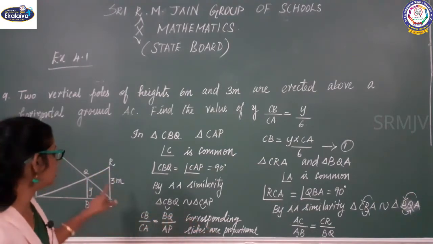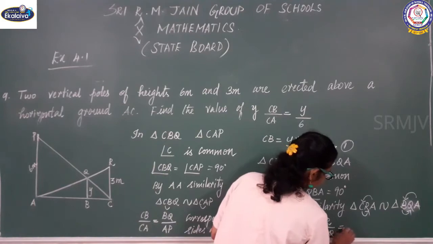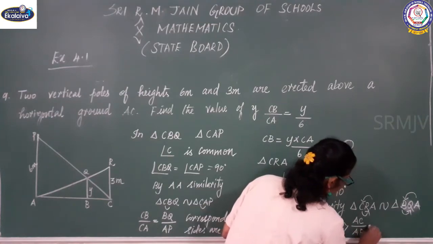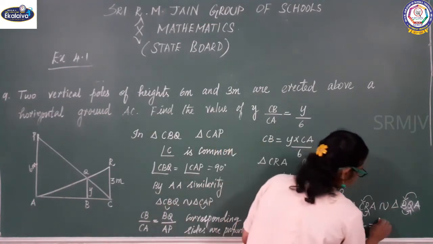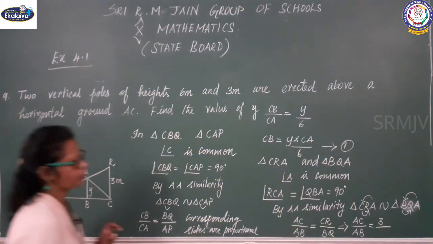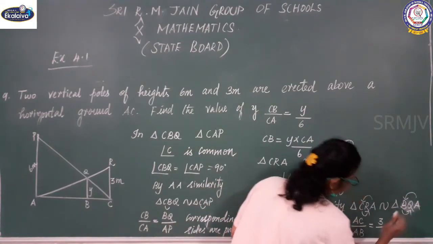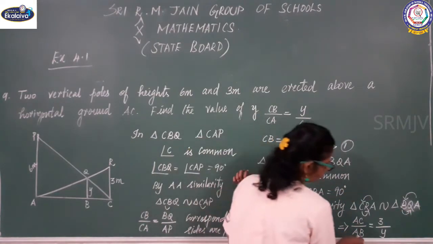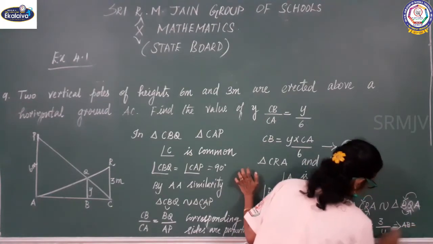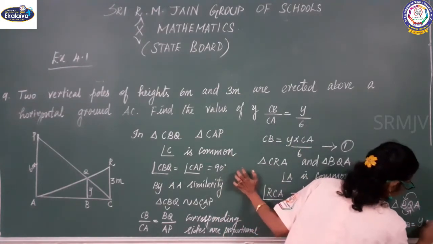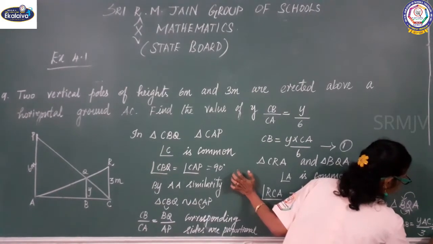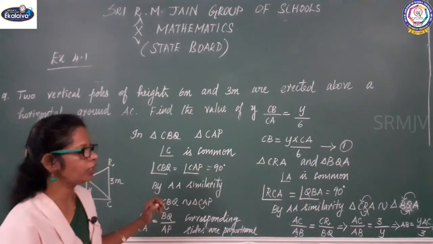CR value you know, that is 3, which implies AC divided by AB equal to 3 divided by BQ value, which is Y. Now, which implies AB equal to Y into AC divided by 3, that is equation number 2.